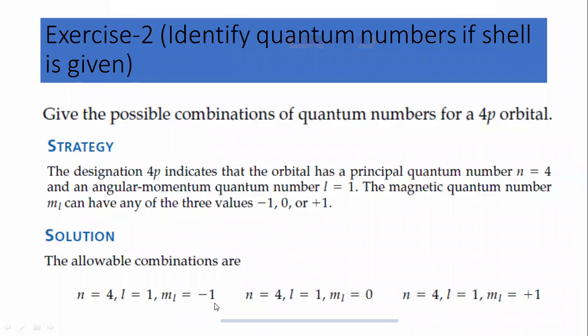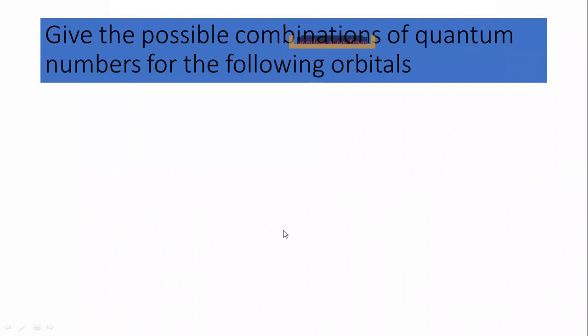Maybe you may end up with only one, but it is better to write the three possible orientations, because we are doing the reverse calculation by taking the orbital and then designating the principal quantum number. So n is 4, p is 1, L is 1, and these are the orientations for this 4p orbital.